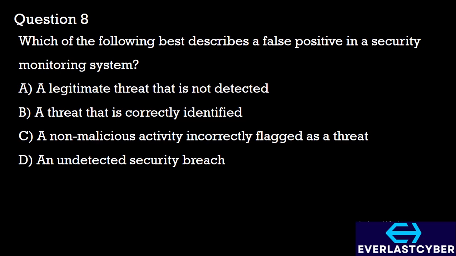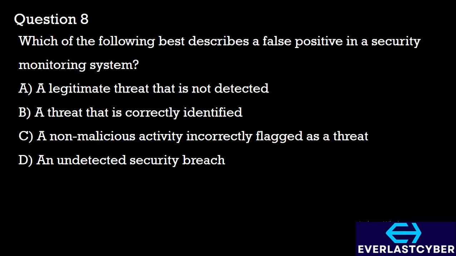A false positive occurs when a security monitoring system like antivirus, IDS, or IPS mistakenly identifies benign activity as a threat. This can lead to unnecessary investigations and wasted resources. In option D, an undetected security breach means that a real attack occurred, but it was not detected.